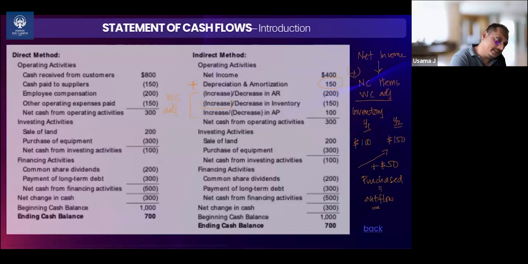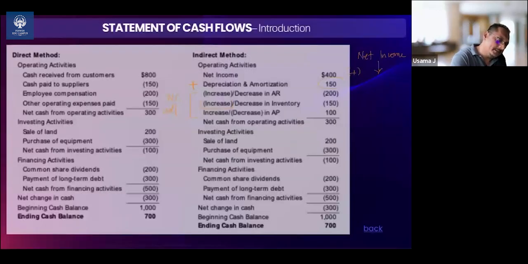Let's look at the next working capital adjustment, accounts receivable.